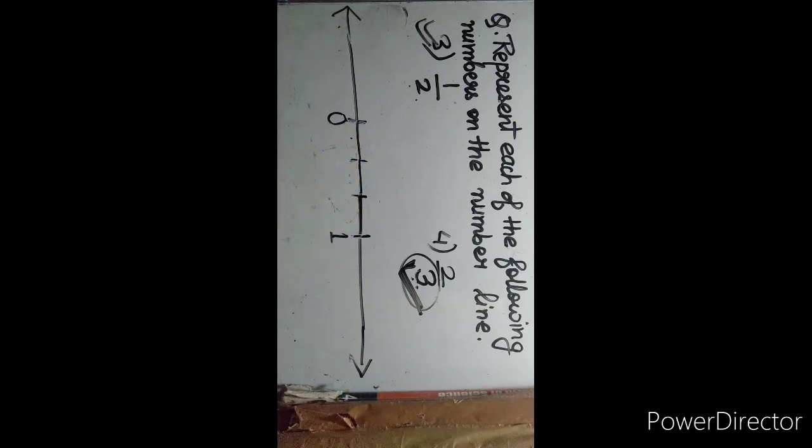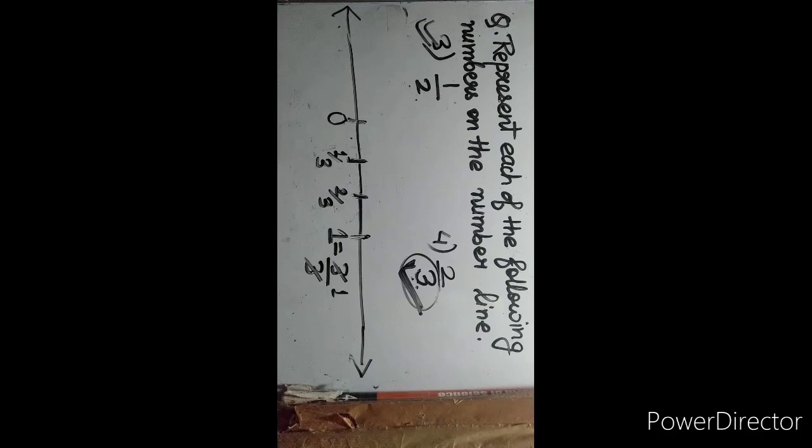Now this one we can write as 3 by 3, because when we cancel 3 with 3 we have 1 only, because 3 ones are 3. So 1 we can write as 3 by 3. So this is 1 by 3, this is 2 by 3, and this is 3 by 3.